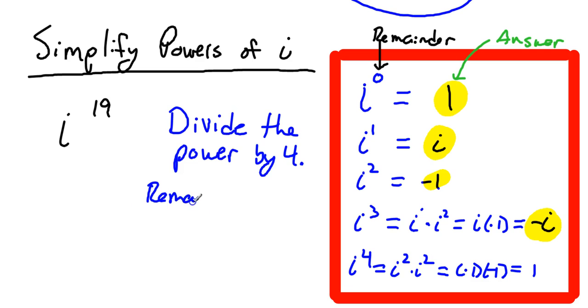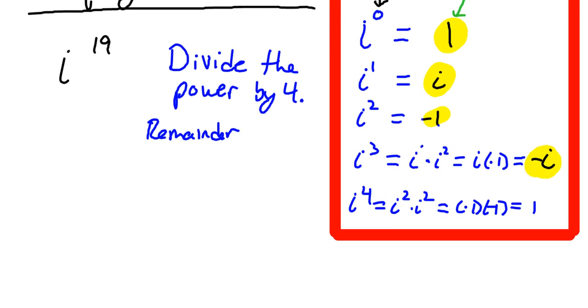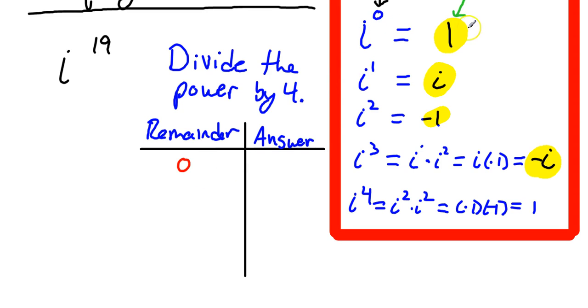So it's almost like we could make a little box here. If your remainder is 0, your answer is going to be like we had the 0 power. Your answer is going to be 1.